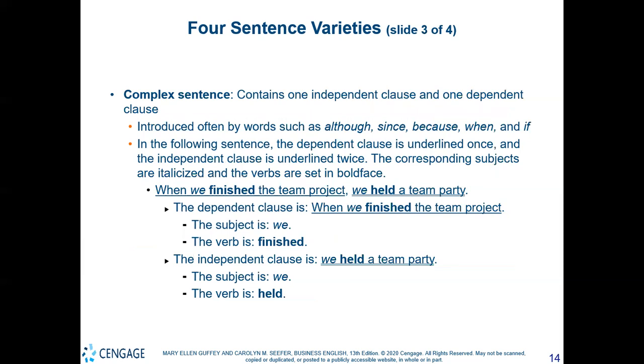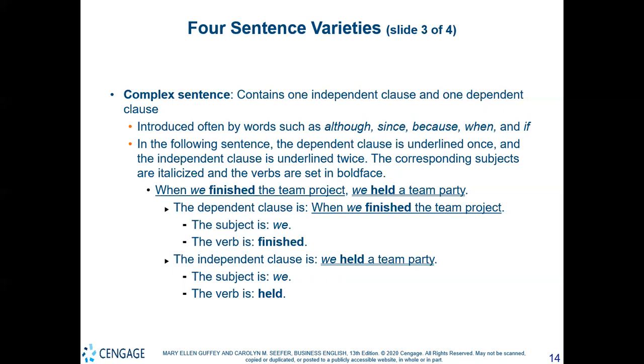A complex sentence contains one independent clause and one dependent clause, often introduced by words such as although, since, because, when, and if. In the following sentence, the dependent clause is underlined once, and the independent clause is underlined twice. The corresponding subjects are italicized, and the verbs are set in boldface.